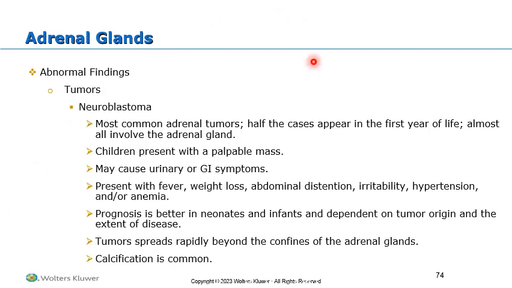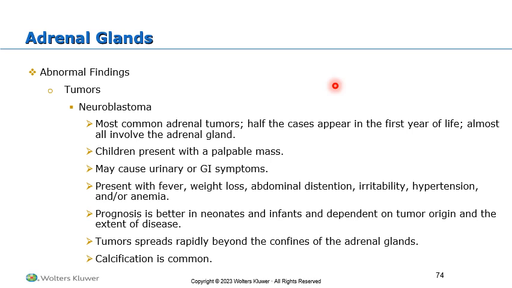Okay, now really quick, and I think I accidentally skipped over a slide a little bit earlier and it won't let me go back. So really quick review about the adrenal glands. Remember that we have the cortex and we have the medulla. Newborns will have a larger cortex because they're still exiting the fetal stage.